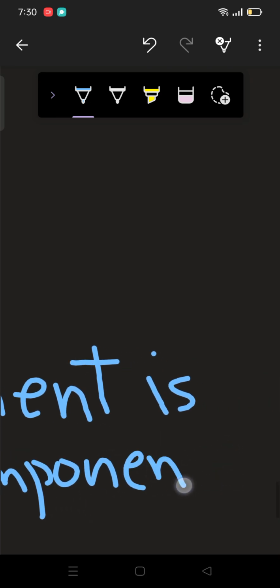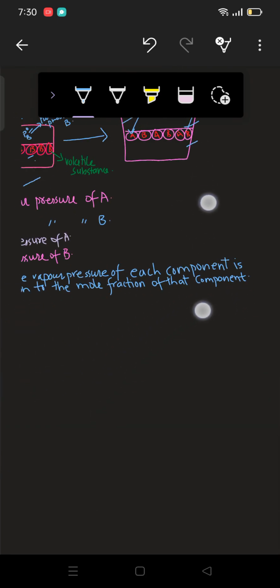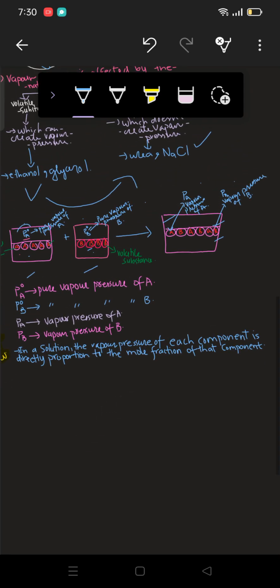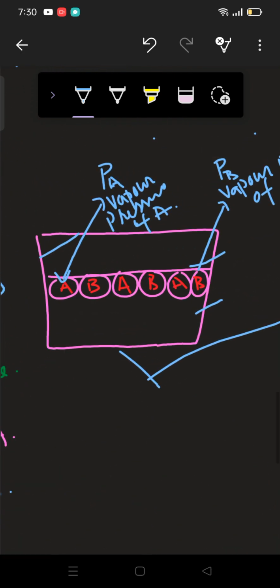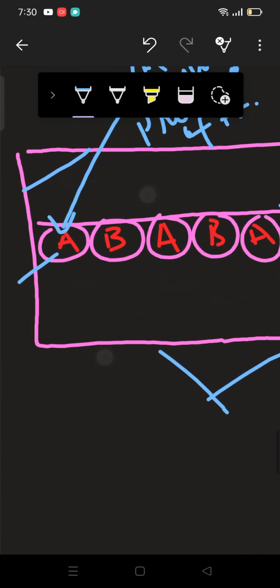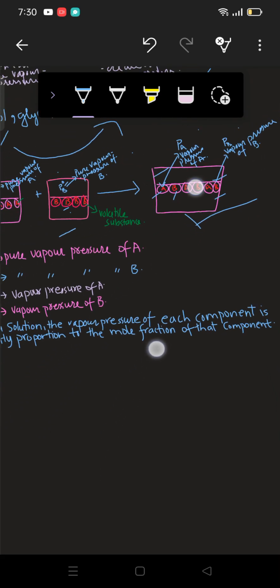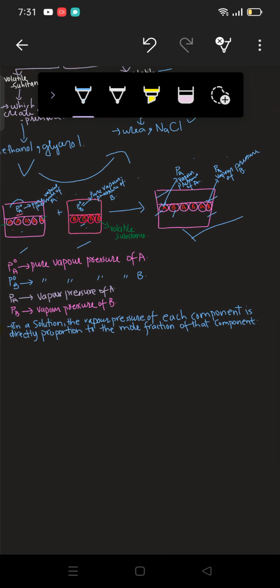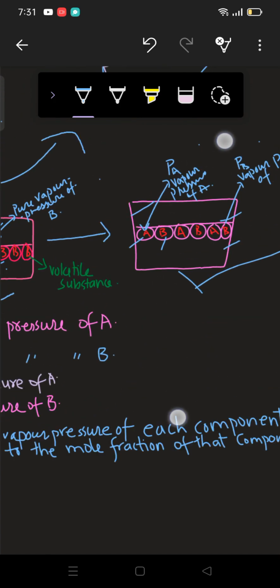Now see, let's read it again and form the equation, right? In a solution, which means now we have a solution, for example, we are taking this example, the vapor pressure of each component, meaning the vapor pressure of A and the vapor pressure of B, each component is directly proportional to the mole fraction of that component.